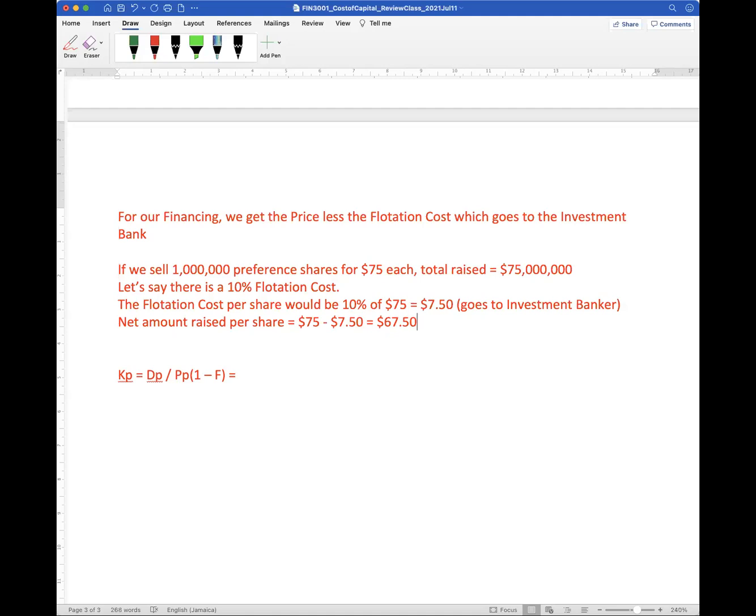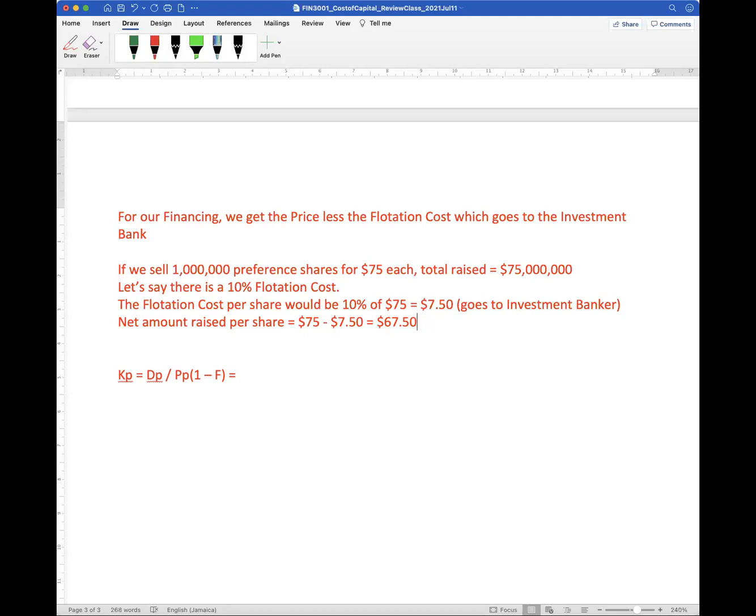So when we sell 1 million preference shares for $75, we're not really going to get $75 million from that effort. We're going to get 75 million less the money that we have to pay to the investment banker. So what we'd really get is $67.50 times 1 million, so we'll get 67,500,000. The rest of the money goes to the investment banker for their efforts.